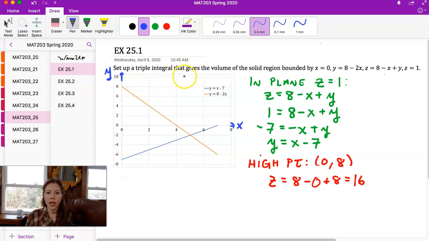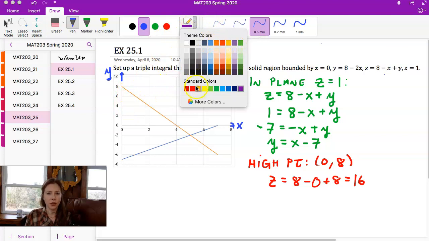Then we're also told that y equals 8 minus 2x is a bound, and that is where this orange line is. So that's one of our given bounds, just looking down at the xy plane.